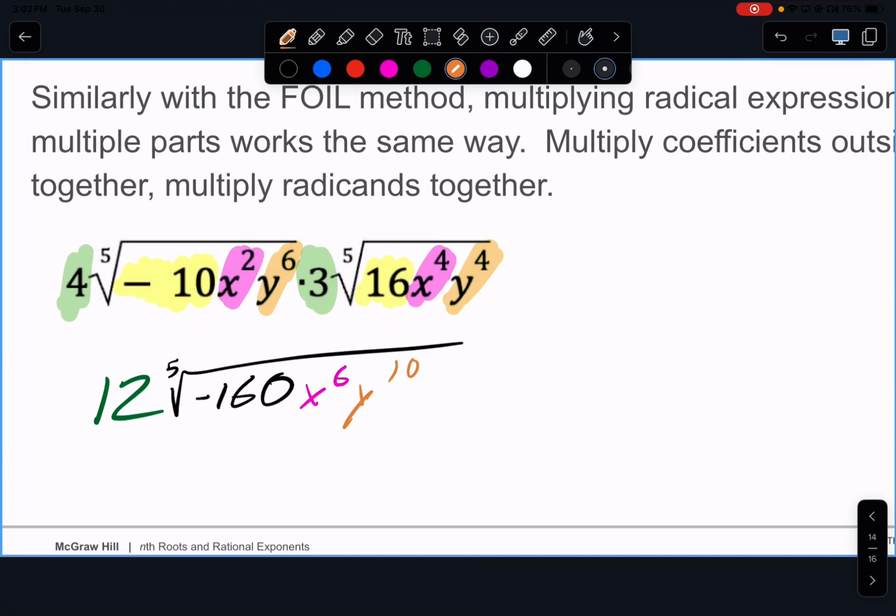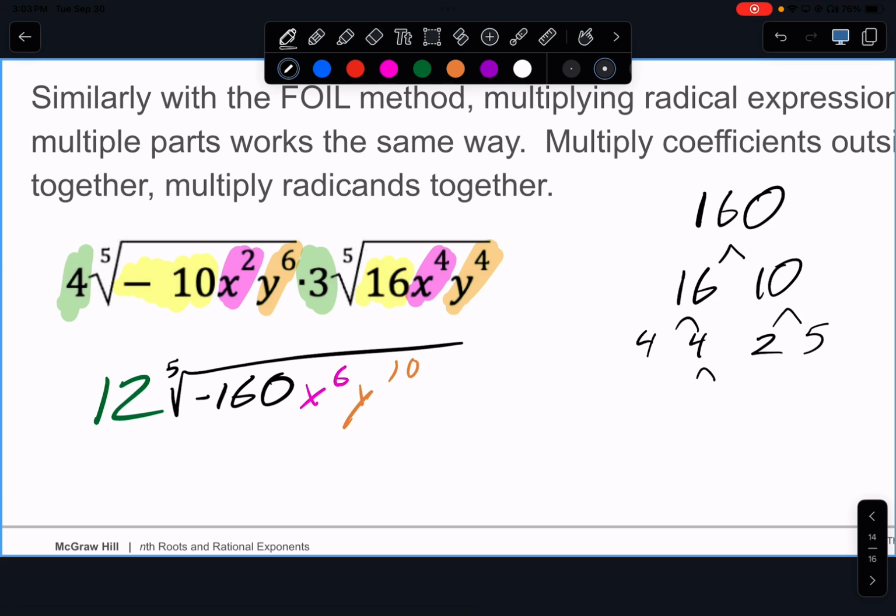So we need to think about 160. Can we break 160 down into a 5th root? I want you to try to do that. So over on the side, we're going to take that 160, and you're going to build that factor tree. Go. 16 can be broken into 16 and 10, 5 and 2, 4 and 4, 2 and 2, 2 and 2.